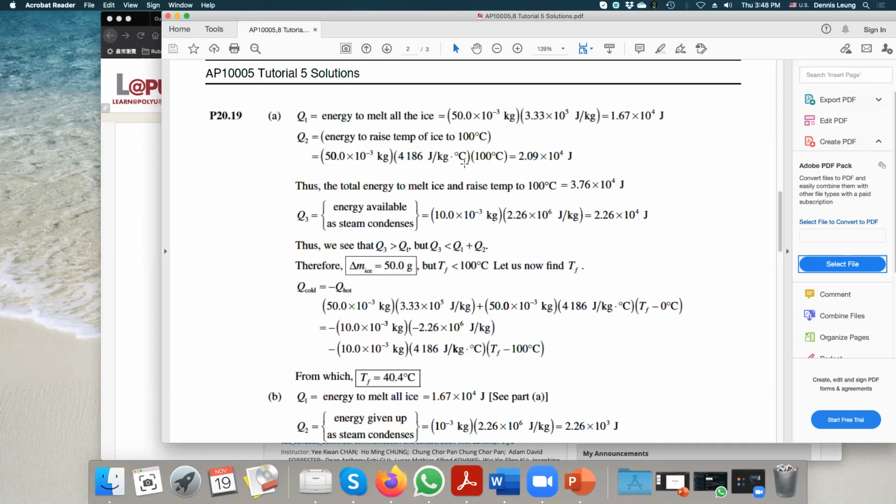So it is easy to calculate because it is equal to M times L. According to your lecture notes, for the conversion between ice and water, the latent heat of fusion is 3.33 times 10 to the 5 joule per kilogram. So this is L.